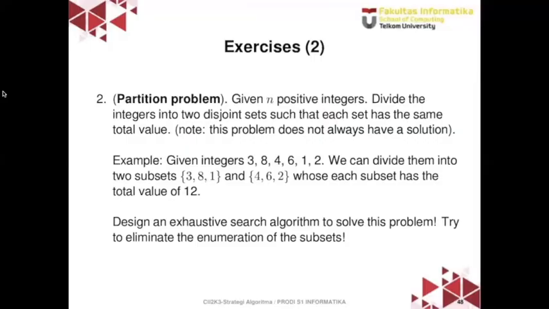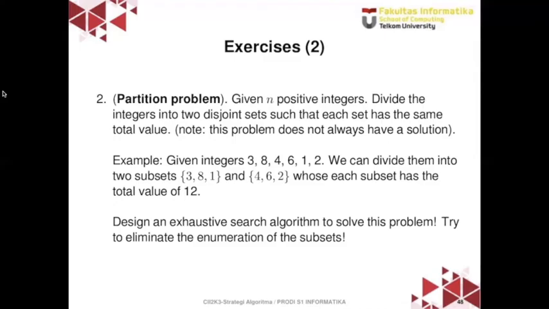The next example is the partition problem, where we are given n positive integers and we want to divide the integers into 2 disjoint sets such that each set has the same total value. To be noted that this problem does not always have a solution.